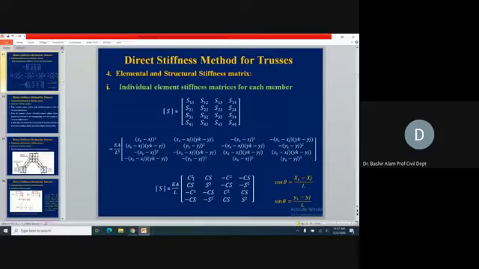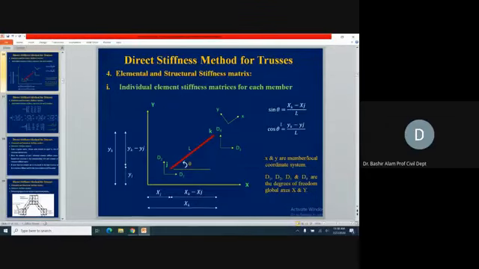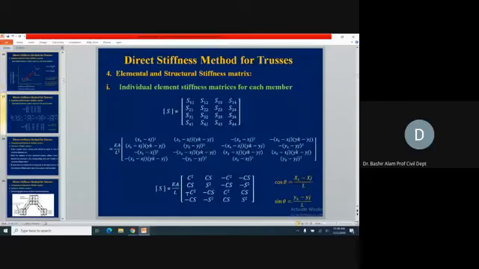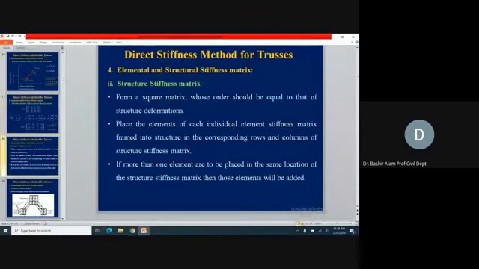It will be EA over L, cos square, cos sine, minus cos square, minus cos sine. Quickly you write it down.